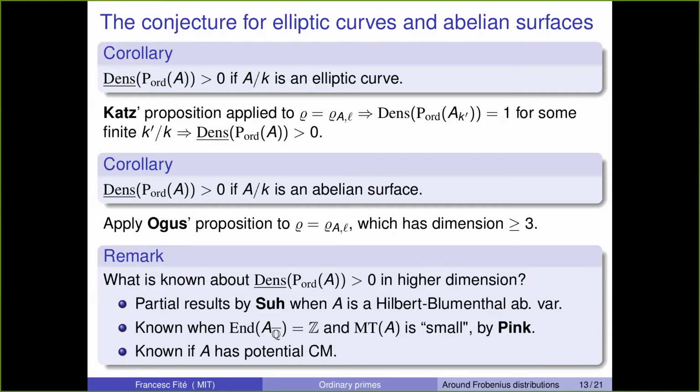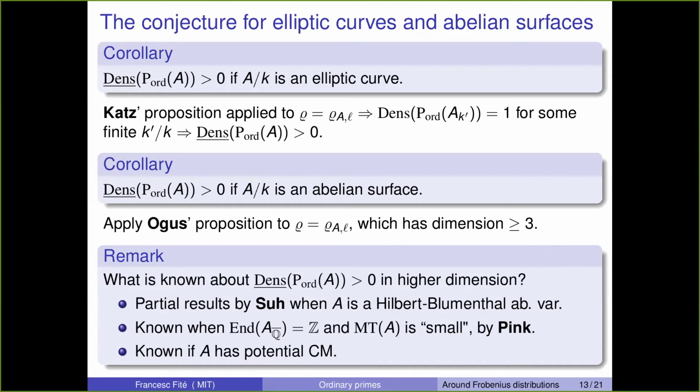In fact, in this work, Su also presents nice connections between this conjecture concerning the abundance of ordinary primes and the Sato-Tate conjecture.